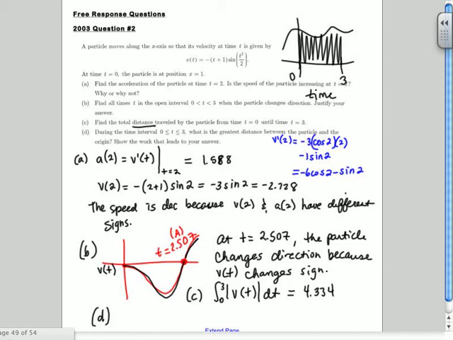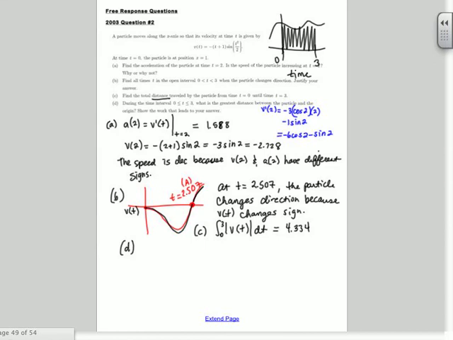So we need to check some different values. Sometimes they'll do tables of the position at different times. So at 0, you're at position 1. Then all of a sudden you have a negative amount that you're adding to that 1. You're walking backwards away from 1 until 2.507. Okay, so this is where we need the original position.